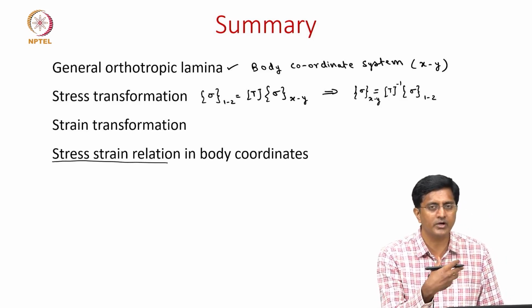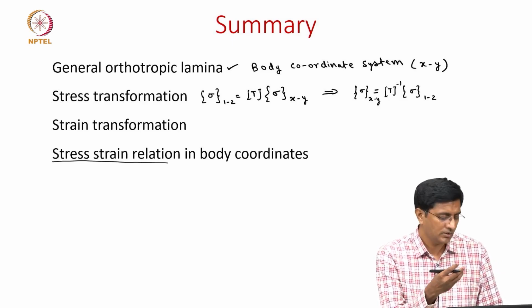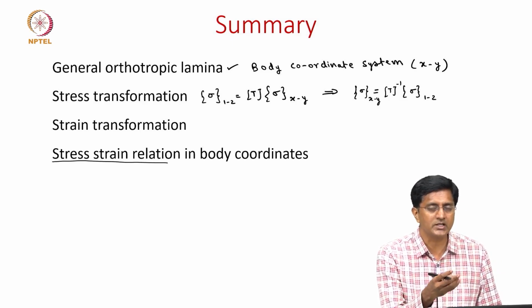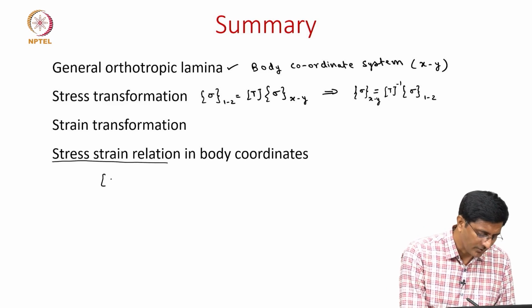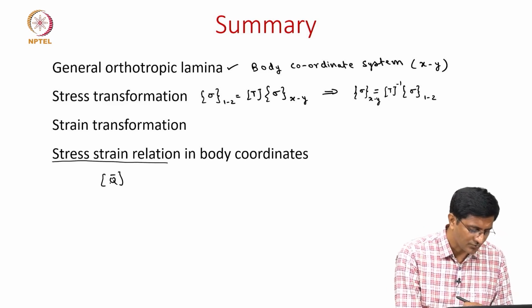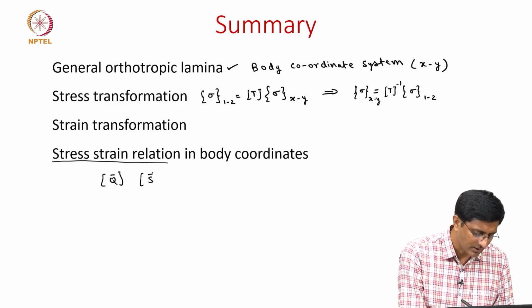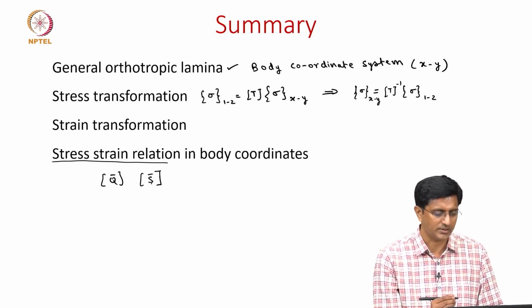So, we derived the transformed stiffness matrix as well as the transformed compliance matrix, which we define as Q dash, the transformed stiffness matrix, and S dash, the transformed compliance matrix.